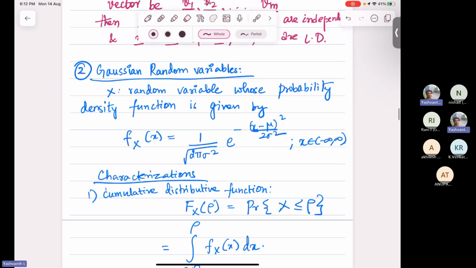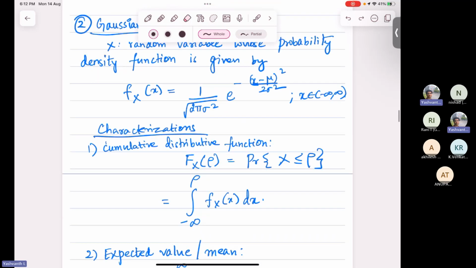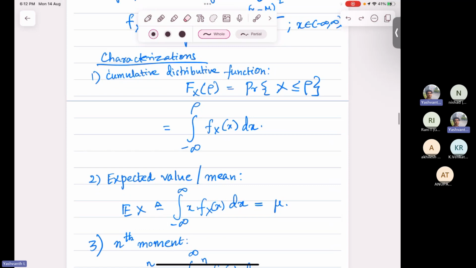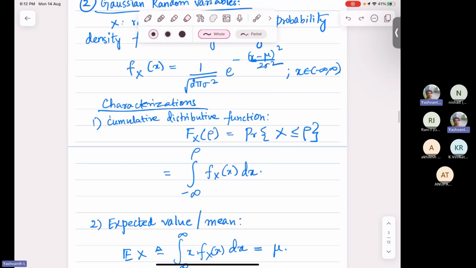Now there are several characterizations that one can do for any random variable. In particular, I'm going to discuss three to four characterizations, which were also covered by the professor in class. One is called the cumulative distribution function.